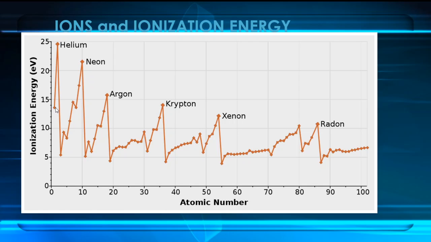So it has kind of a lower ionization energy, which means it doesn't take a lot of energy to pick off that electron, right? But if we go all the way to the right to helium, it jumps right up. So you'll notice all the ones on these little peaks here, which have the highest amount of energy to remove that electron, are going to be our noble gases. But each one is a different element.